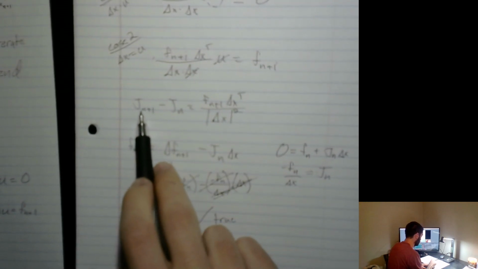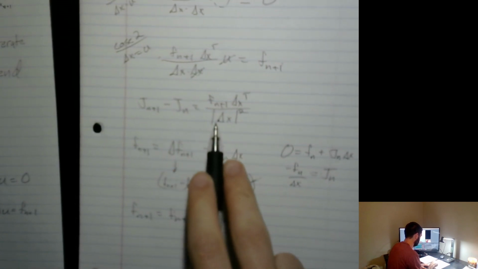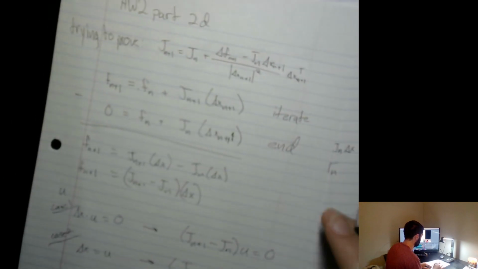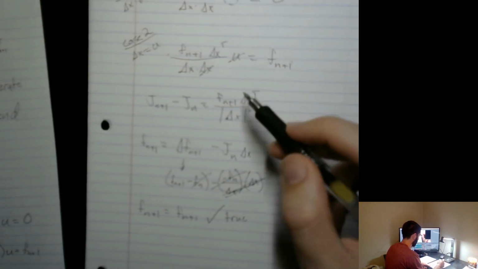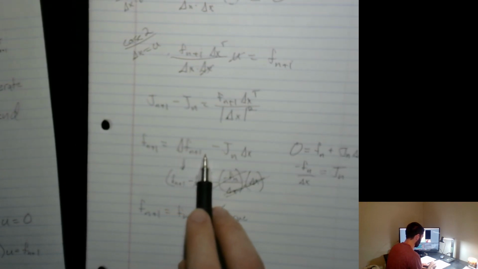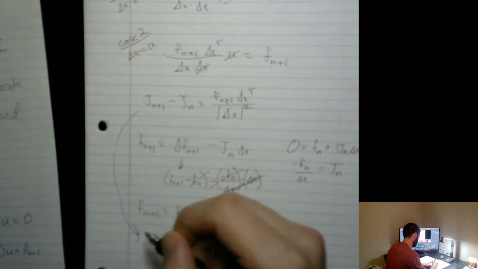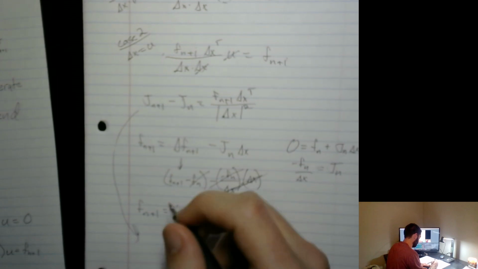So that means that this thing we derived here, showing this is true, proves the formula we were trying to prove is correct, as this fn plus 1 term is equivalent to delta fn plus 1 minus jn delta x, so I can rewrite this using this proof that we just made.